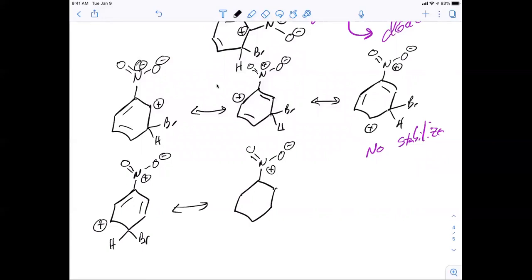I mean, the two positives together. And again, because we have those two positives together, this is destabilizing. Right, and this is a deactivator.